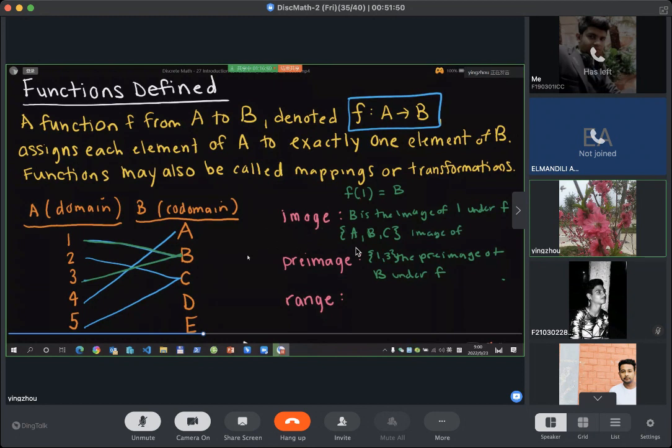The image can be seen as all the possible outputs. So D and E are perhaps exceptions, or you will never get these output values. Only A, B, C are connected, but D and E have no element connecting to them, so they are not in the image.